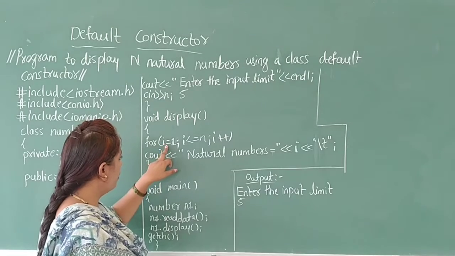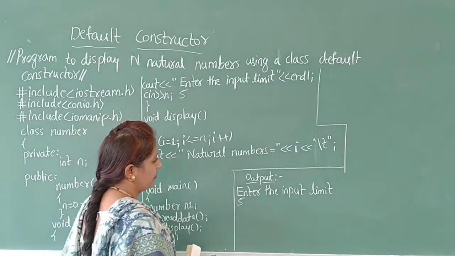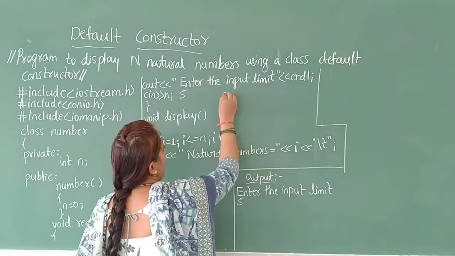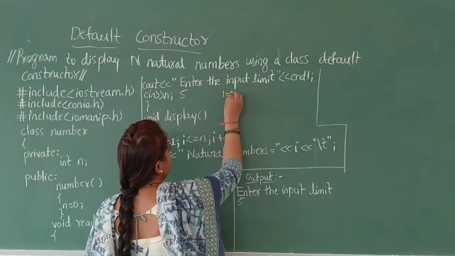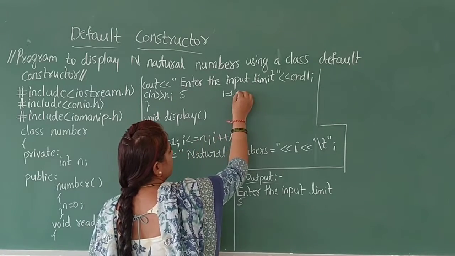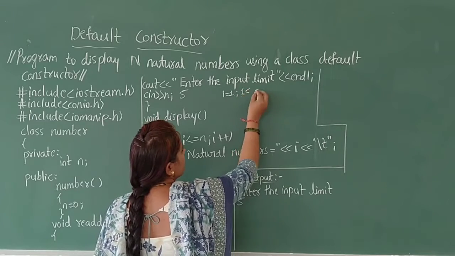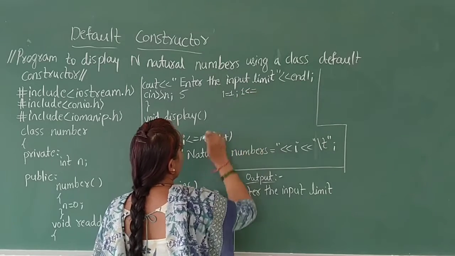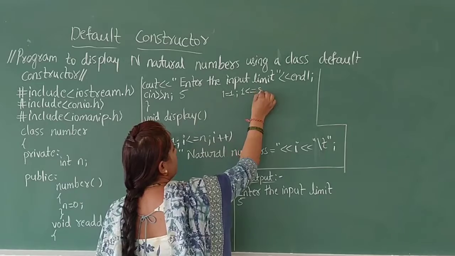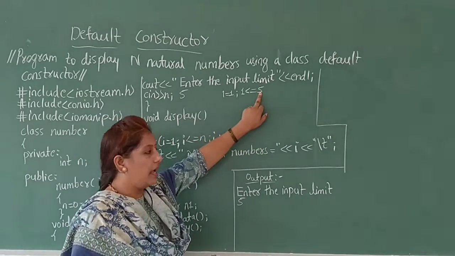Okay, go to the for loop. For i is equal to 1. i is less than or equal to n. i value is 1, and 1 is less than or equal to n value 5. Yes, 1 is less than 5.